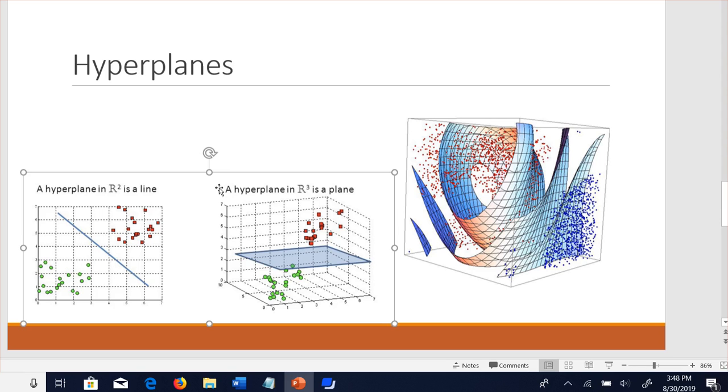When we have two variables, our hyperplane looks something like a two-dimensional space. In this case, a linear line can be used to separate the data, but this is not always the case.